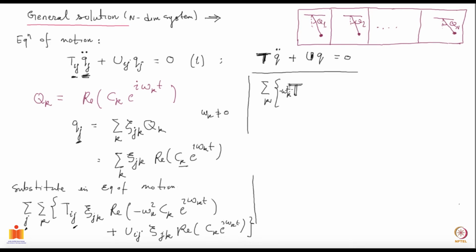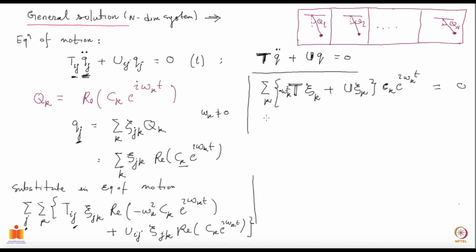So minus omega k squared T xi of k, I'll tell you what xi of k is in a moment, plus U xi of k, times ck e to the i omega k t equal to 0.